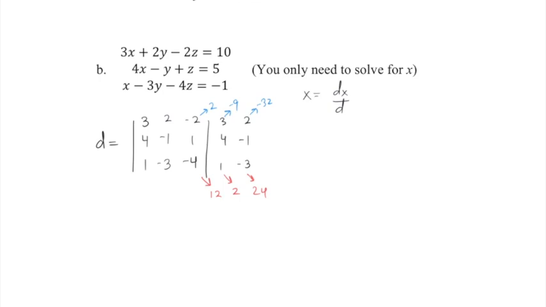So the way this works now is these three numbers add, these three numbers subtract. So it's 12 plus 2 plus 24.